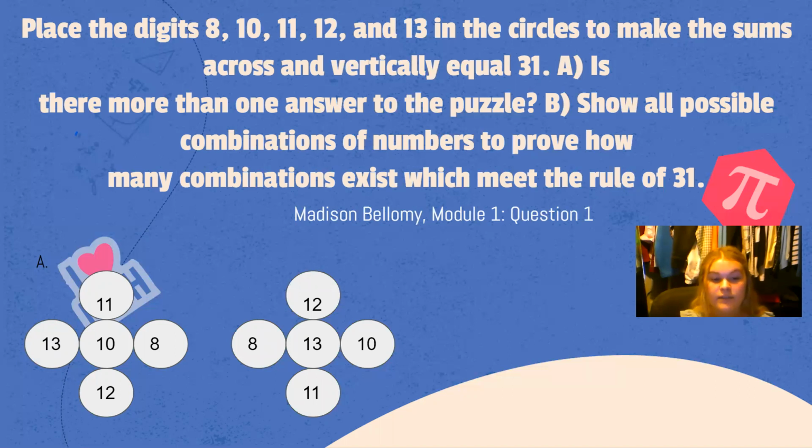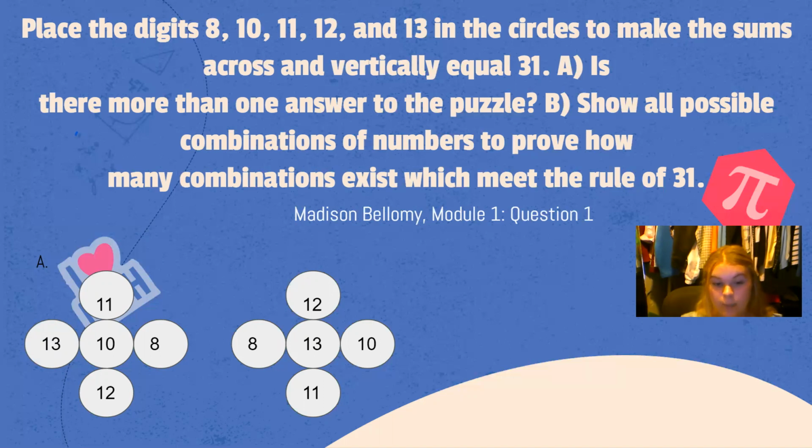Now we have a different combination in the middle, 12, 13, and 11. 12 plus 13 is equal to 25, plus 11, which is equal to 36. So again, vertically, we are not equal to 31. We need to keep going with our trial of guess and check.